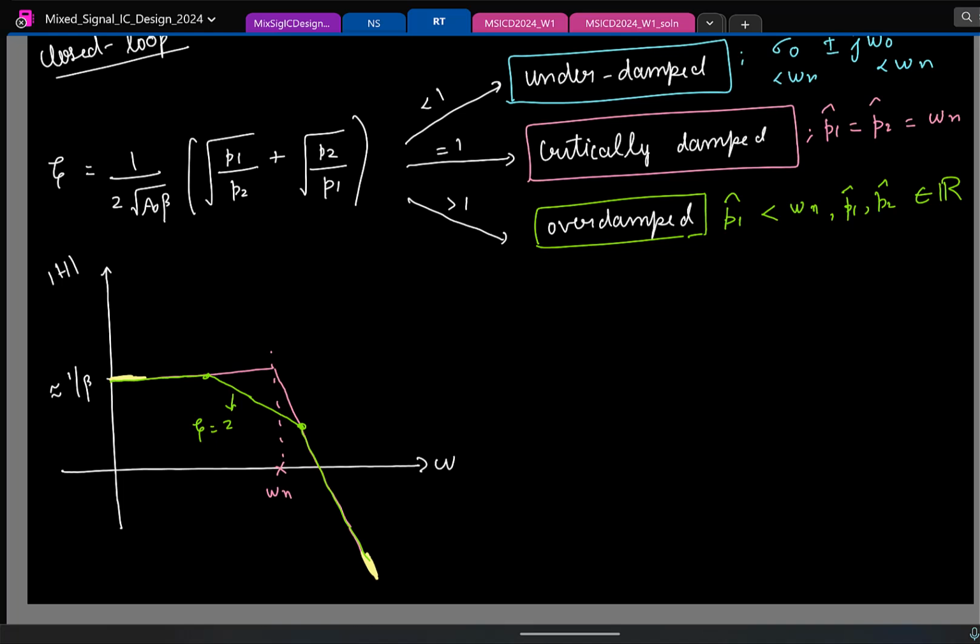Now if I increase the damping factor to, let us say, 3 or 4, how will the plot change? Which means the question I have to answer is, if I increase the damping factor, the lower frequency pole, do you think it will keep moving lower or it will start increasing? Why?